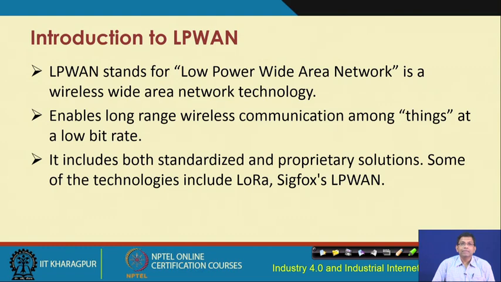So, for long range wireless communication between different things at a low bit rate, that means low data rate, LPWAN techniques are useful. LoRa and Sigfox are two different technologies that could be used for long range communication.